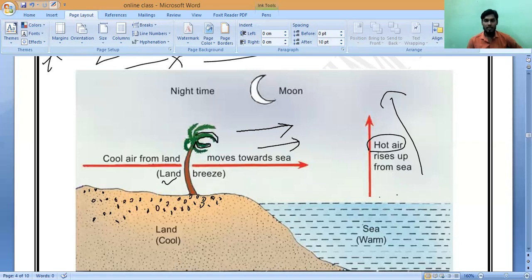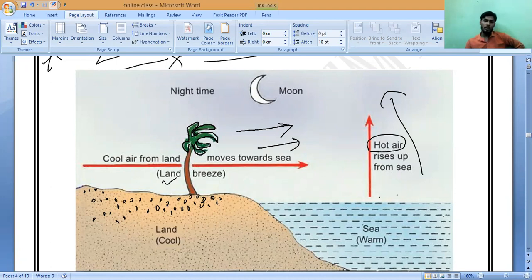At nighttime, that is why you can see people in the near sea coastal area find it very difficult to sustain because of suffocation, because at nighttime the temperature of the water or the air surrounding the sea coastal areas is too much, and it will take much time to cool.